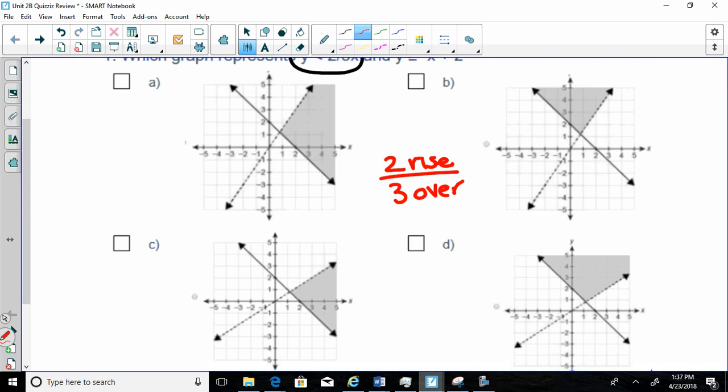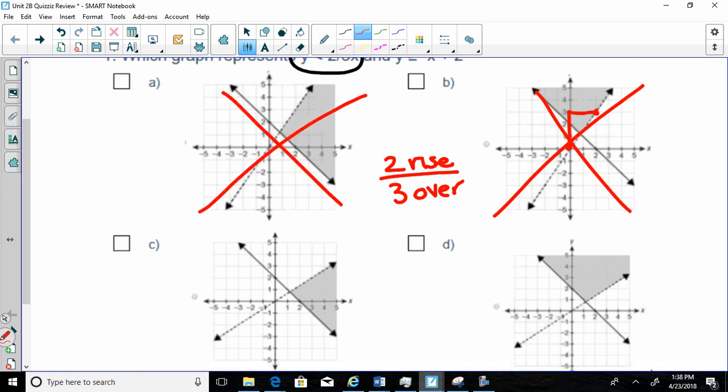Looking at the dotted lines, let's pick 2 points and see: from here to here, what do I go up? 1, 2, 3 over how many? 2. Is that 2 over 3? No, so that can't be it. This one looks like it, so it's the same one. These two are 2 over 3.